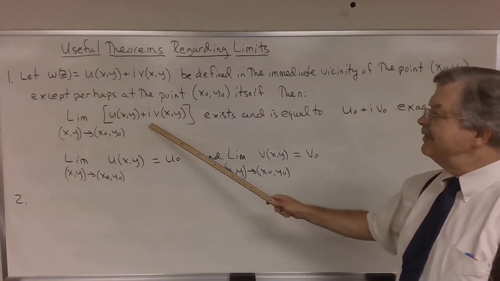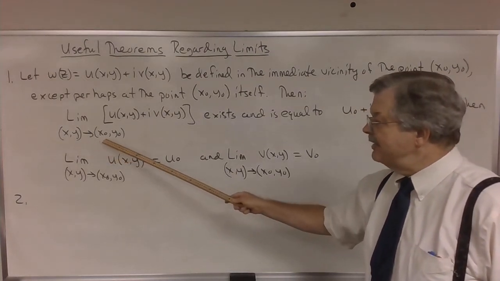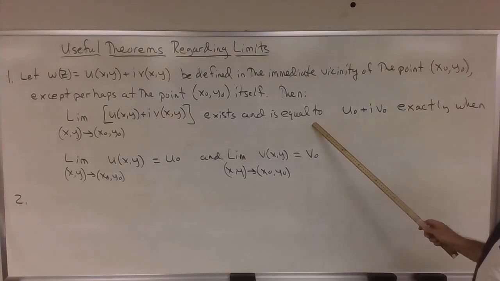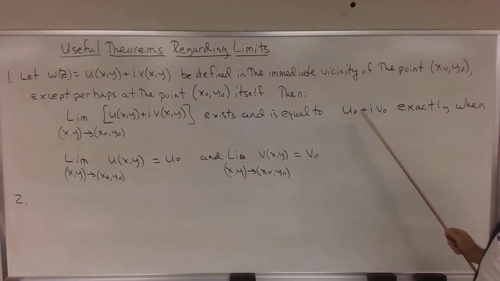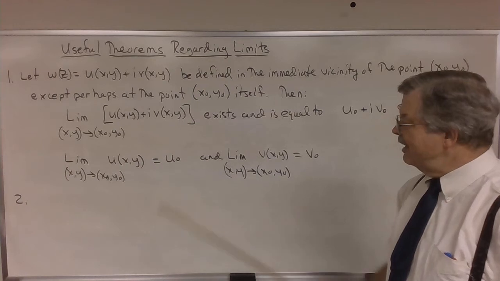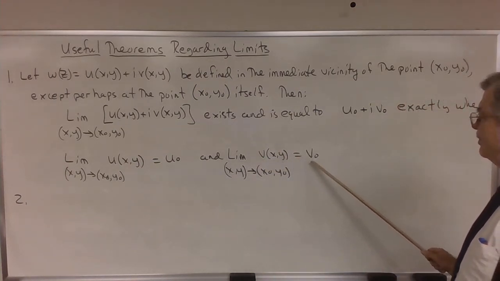Then the limit of this function as xy approaches x naught, y naught exists and is equal to u naught plus i v naught exactly when the limit of u of xy equals u naught and the limit of v of xy equals v naught.